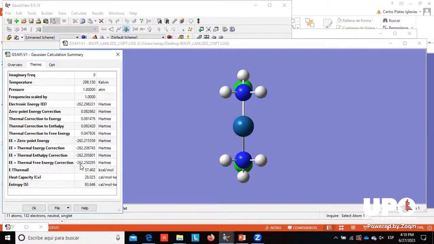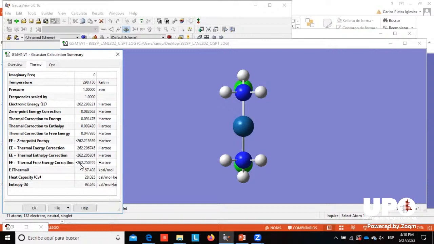So it should be minus 262 point. It's the last value on the list, or almost the last value. You don't find it? It doesn't open the thermal window.